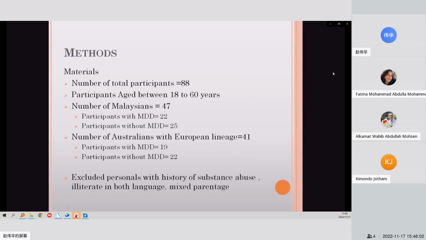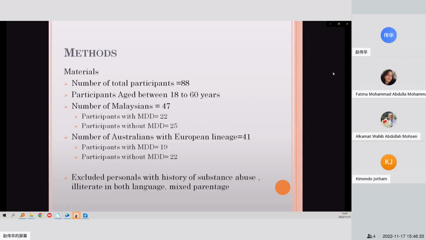Some of the people who tried to participate in this study were excluded because of their history of substance abuse and illiteracy, because we need some literacy to complete this study.